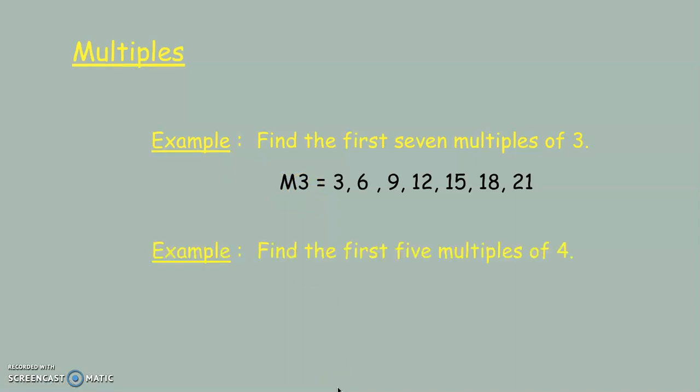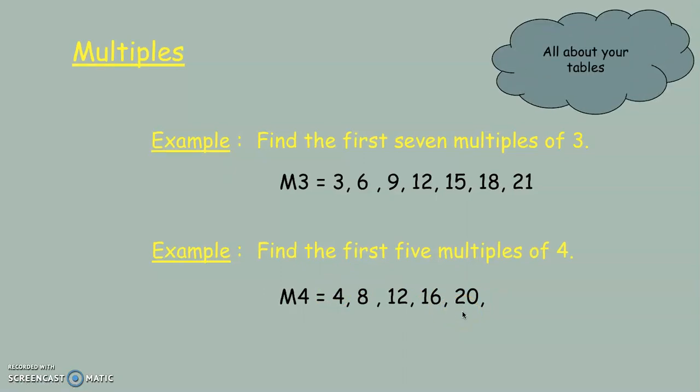Example number 2, find the first 5 multiples of 4. Again, we're just using our times table. The first 5 multiples of 4 are 4, 8, 12, 16 and 20. So 4 times 1, 4 times 2, 4 times 3, 4 times 4 and 4 times 5.